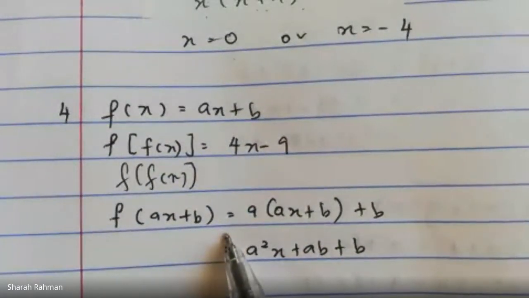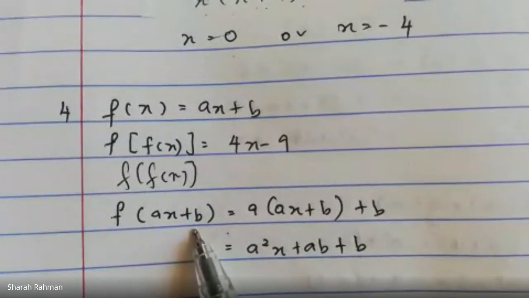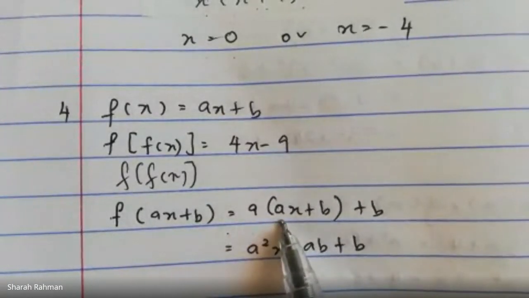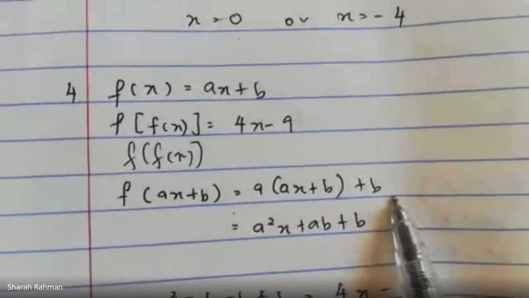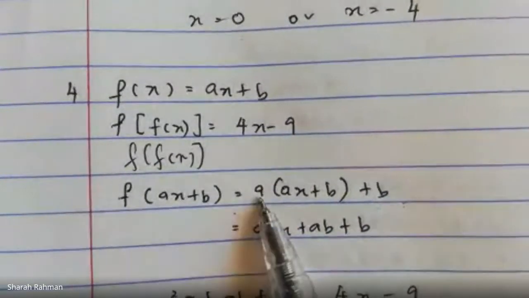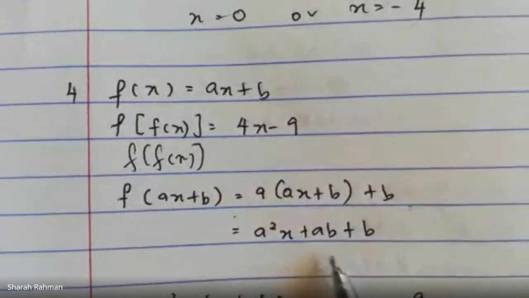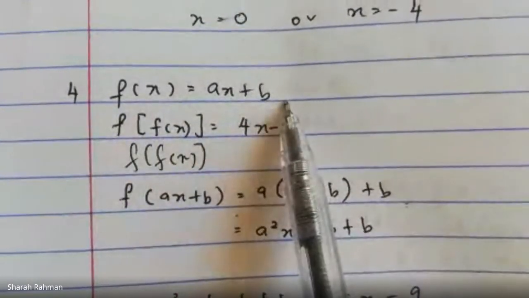Okay, then we substitute this ax plus b inside the function of fx. So we will get a, substitute the x, ax plus b, plus b. And then we expand the bracket. So a times a is a squared x. A times b is ab plus b. So this is what we get from the function given here.